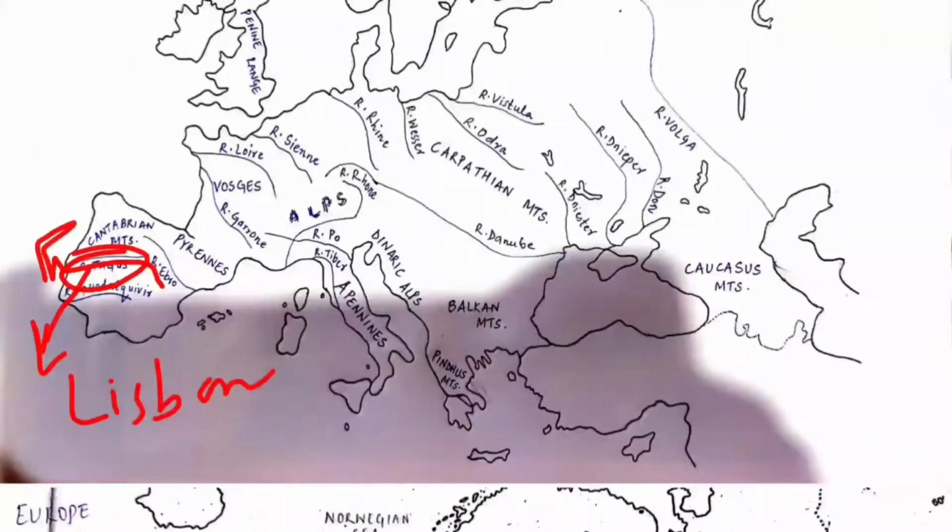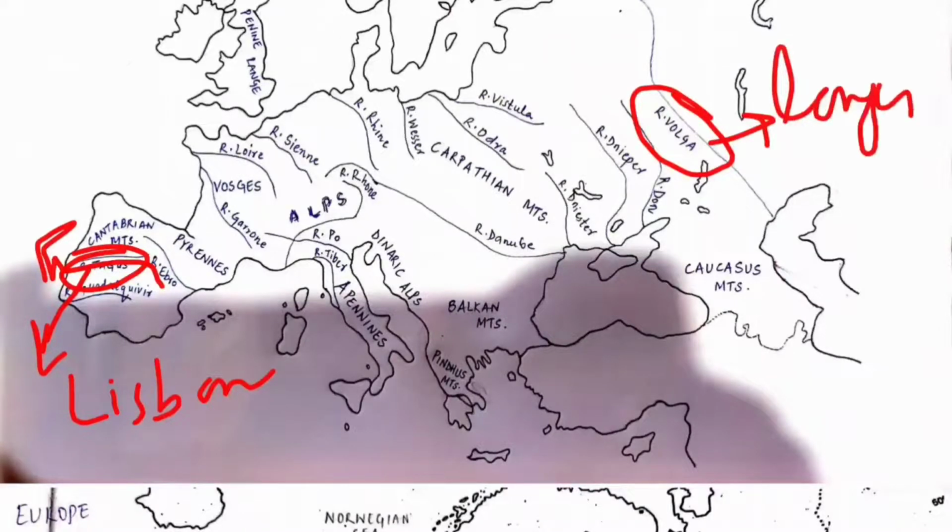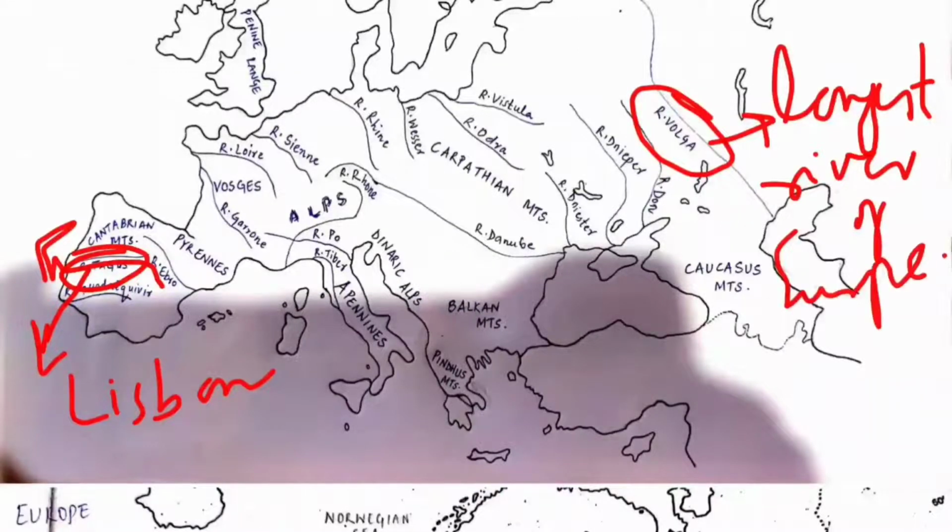Other important rivers are the river Volga. We have here the river Volga. This is the longest river of Europe. Fine. Then we have river Danube.